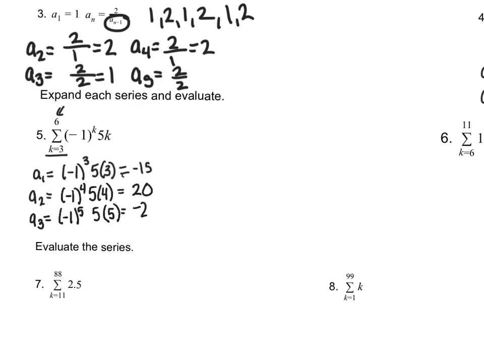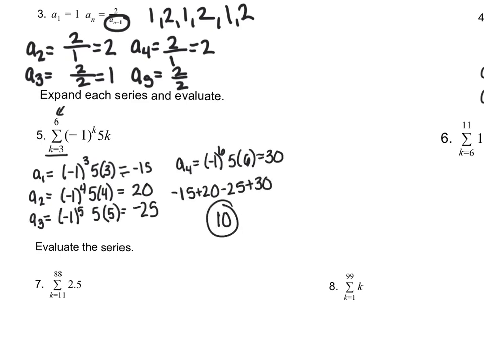So that's negative 25. And then my final one, there are 4 terms between k=3 and k=6, is negative 1 to the power of 6 times 5 times 6. So that's going to be 30. So in order to get this answer, we add all of these together, and we get an answer of 10.